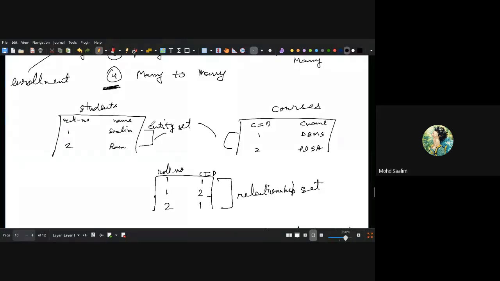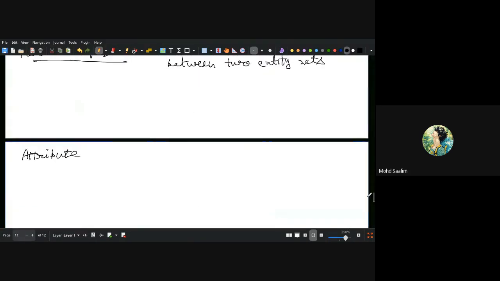Attributes, you already know what is an attribute, right? For example, in this table, in this entity set, roll number and name, both of them are attributes, right? So in the same way, attributes we already know, but we are going to see its types.